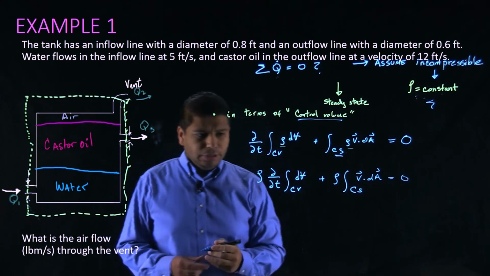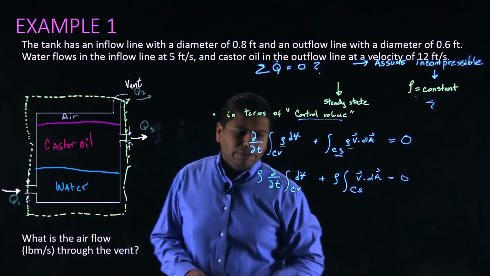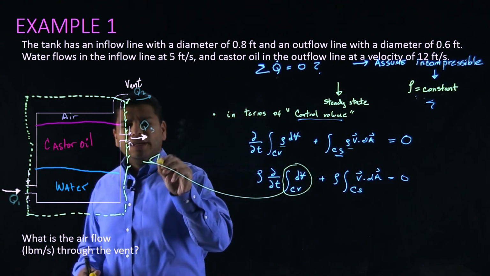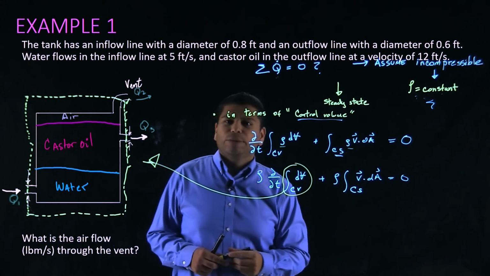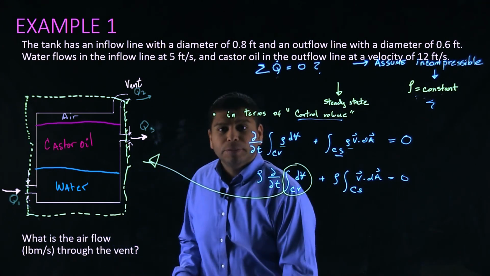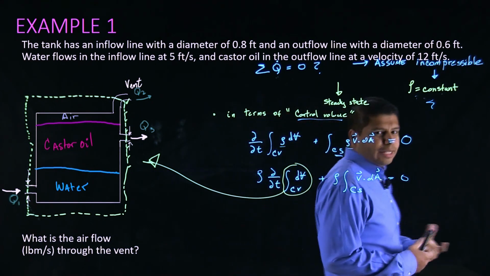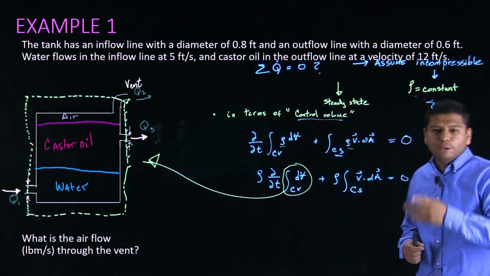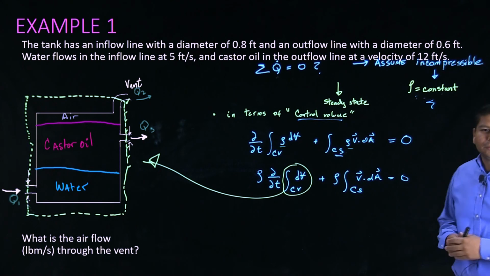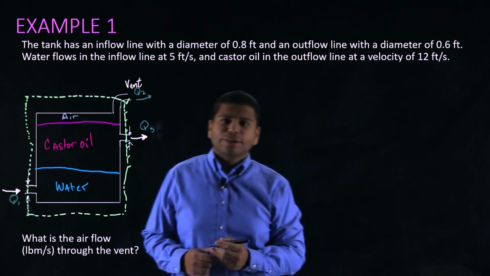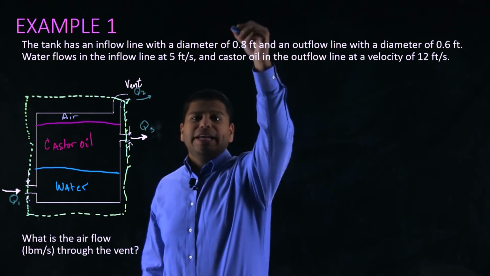We know that the control volume, or the volume that we have chosen here, is going to be constant and will not change. Let's see what that means in terms of simplifying this equation. We can cancel the densities.